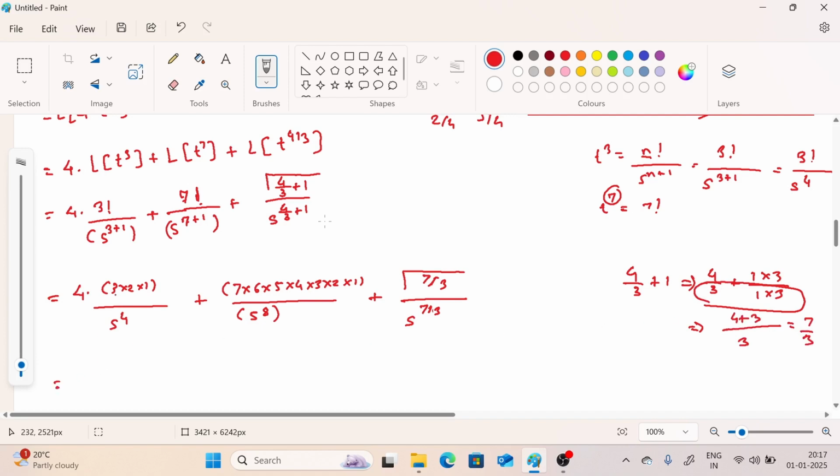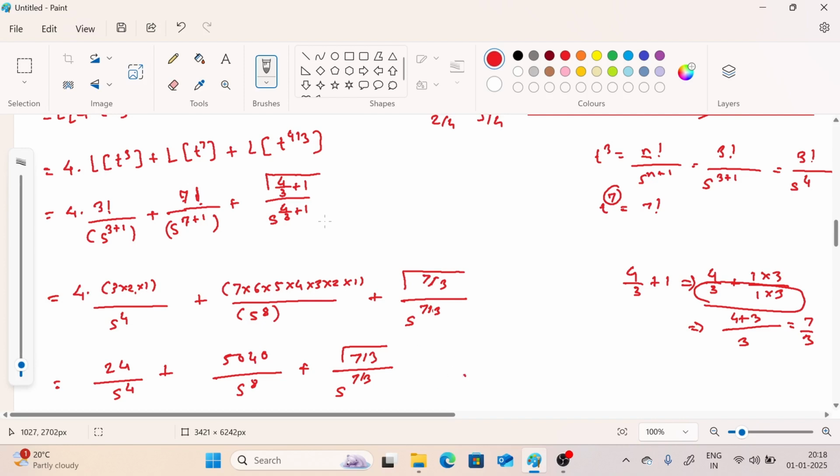Now 3 into 2 is 6, 6 into 4 is 24 upon s raised to 4, plus 7 into 6 into 5 into 4 into 3 into 2 into 1, so it will be 5040 upon s raised to 8, plus gamma function of 7 by 3 upon s raised to 7 by 3.